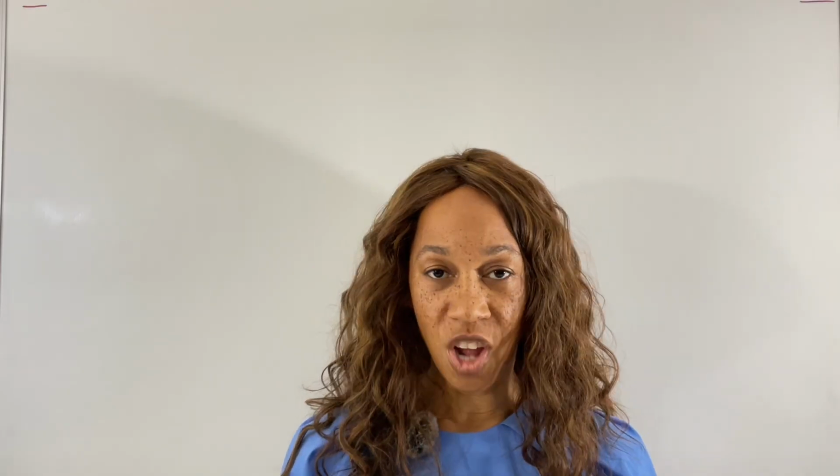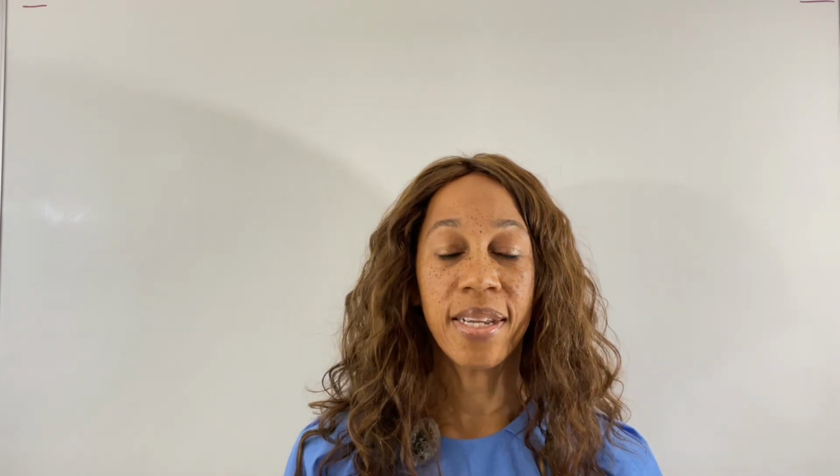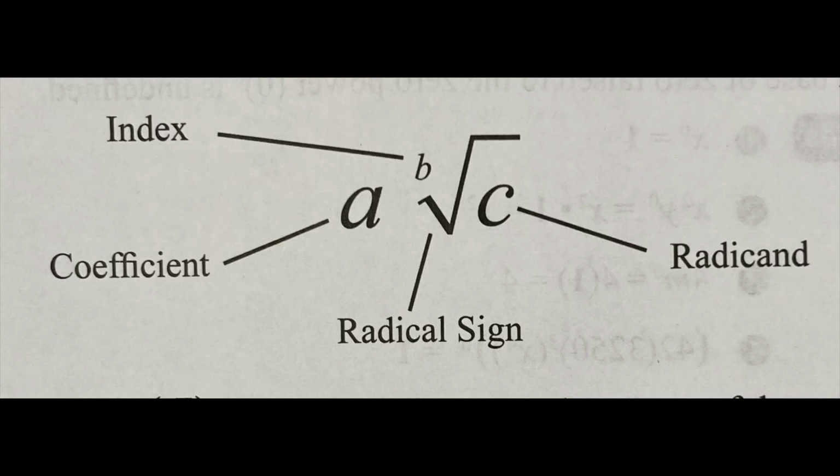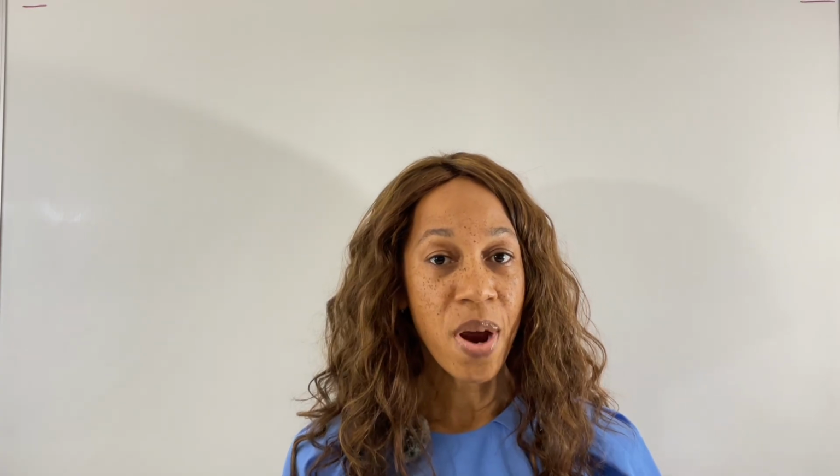Now, before we get started, we also need to note that the number underneath the radical sign, which is known as the radicand, is either going to be a perfect square or a non-perfect square. And if it is a perfect square, then that will just simply equate to a simple number.